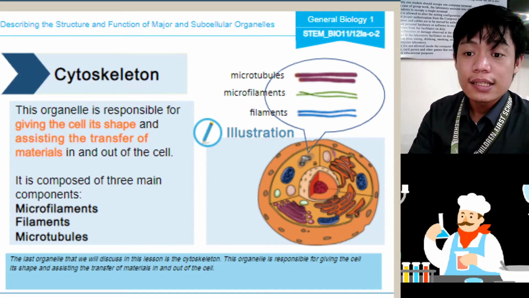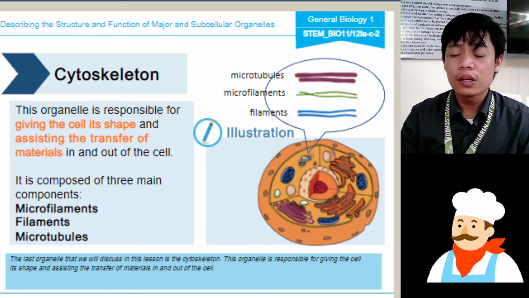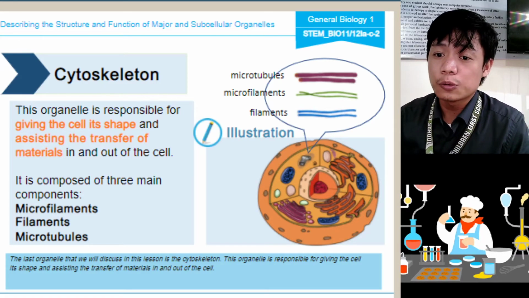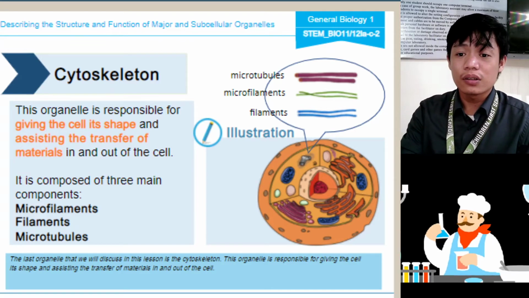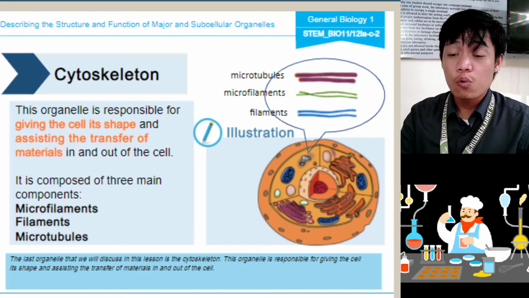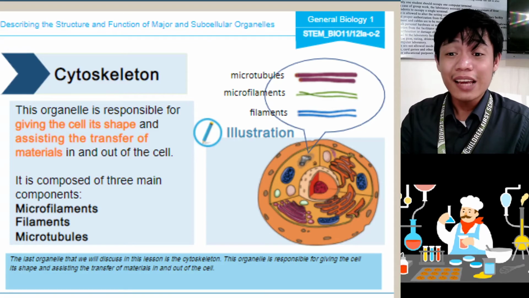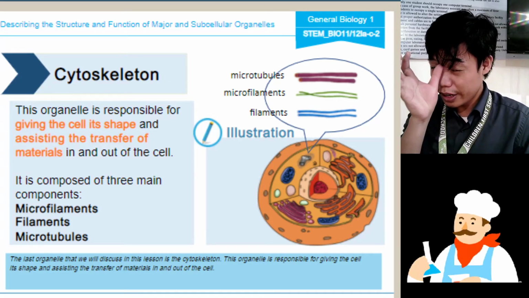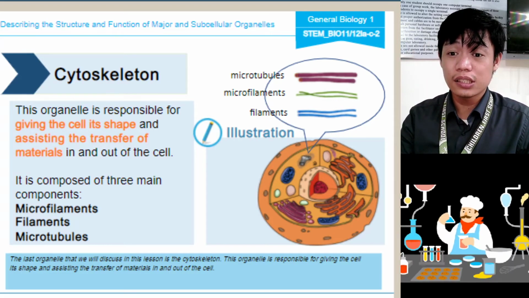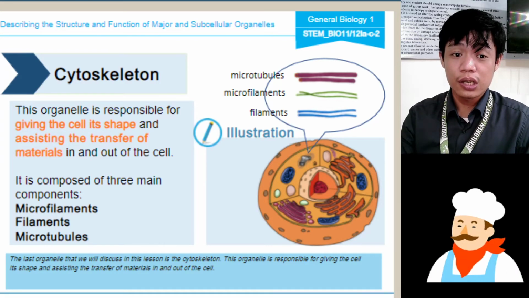Next is the cytoskeleton. In humans, we have our framework of the body, which is our skeletal system. But in the cell, they also have a framework. It serves as a frame.